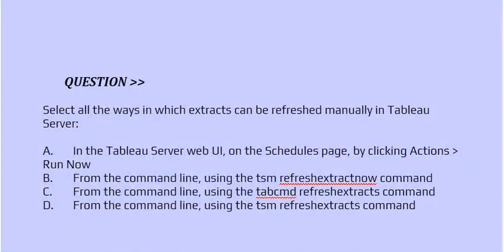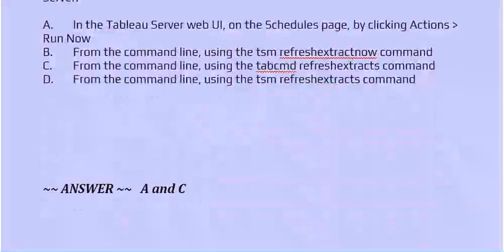Option C. From the command line using the tabcmd refreshextracts command. Option D. From the command line using the tsm refresh extracts command. Correct answer is option A and option C.